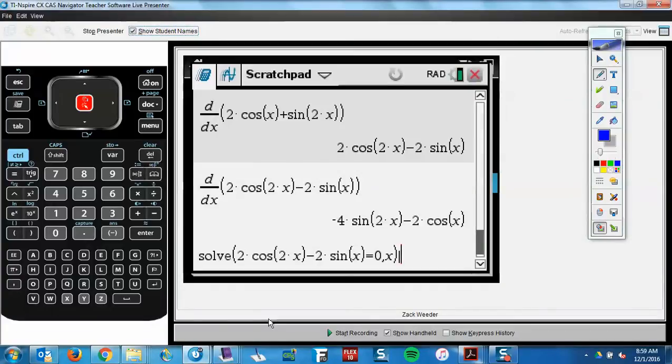Okay, so what do we type next? Help him out, everybody. 0 less than or equal to x less than or equal to pi.